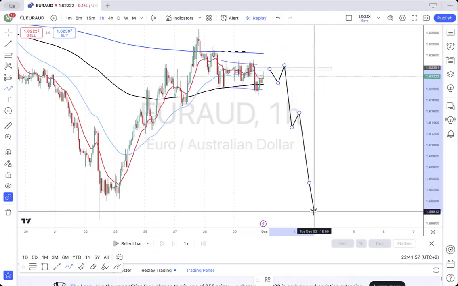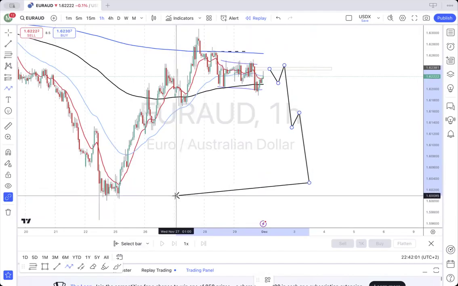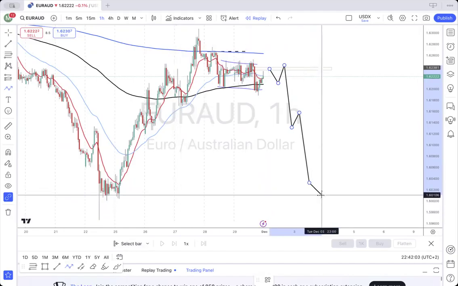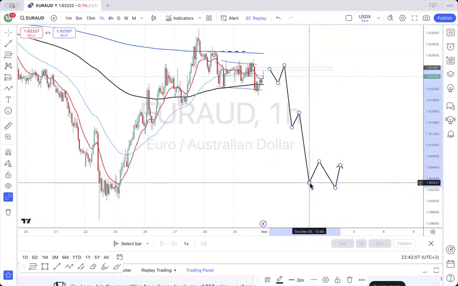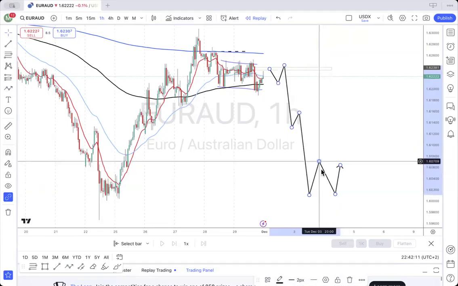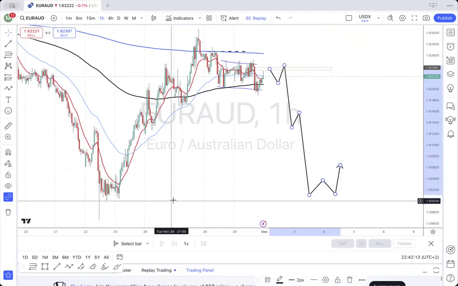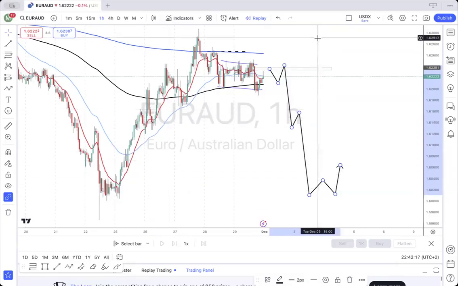Your target is going to be the body of the candle, so you expect the market to be right there. That is where you expect your target to be at this particular point.